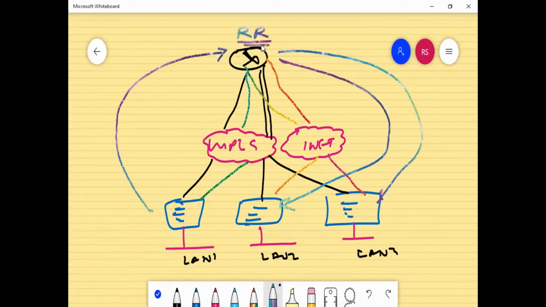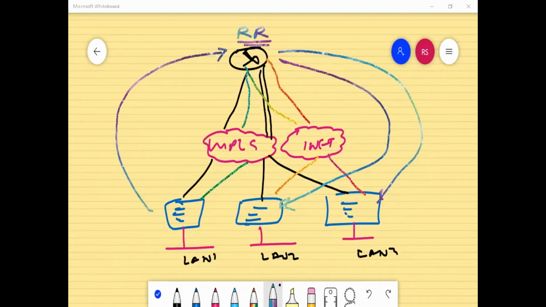Is anyone aware of RR in BGP terms? What is RR? Route reflector. Right. So what is the work of the route reflector?